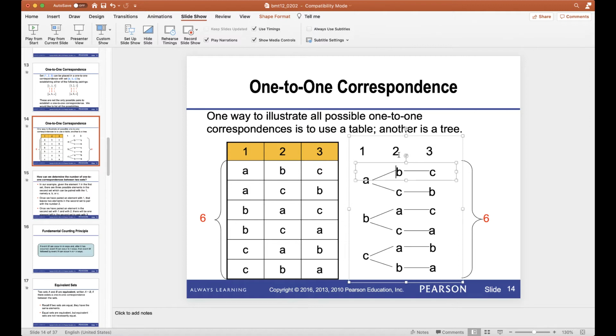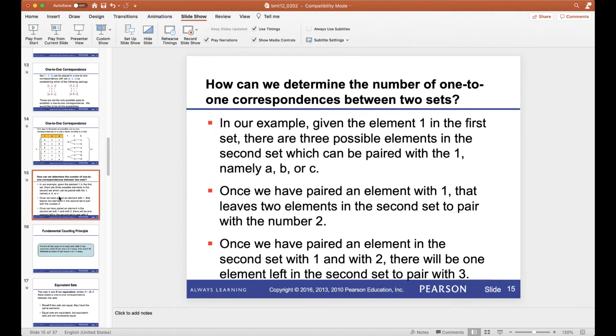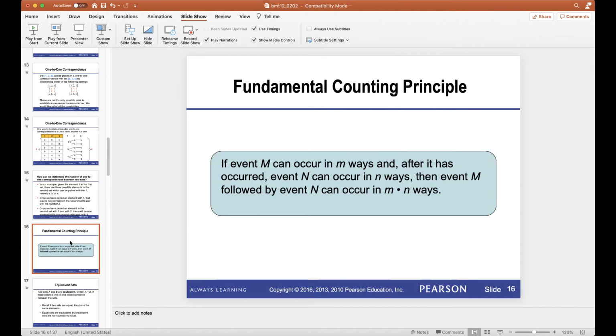And if B goes with 2, then 3 goes with the C. And if C goes with the 2, then the B goes with the 3. You have to switch it up, right? Then what if B goes in the first position? Then you have to switch it up, A or C for the second one. If you choose A, then the third one has to be C. If you choose C as the second one, then the third one has to be A, and so on for the last possible combination there. So there's 6.